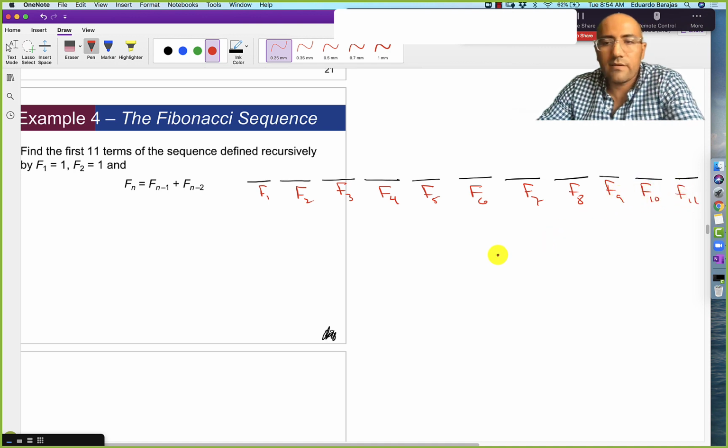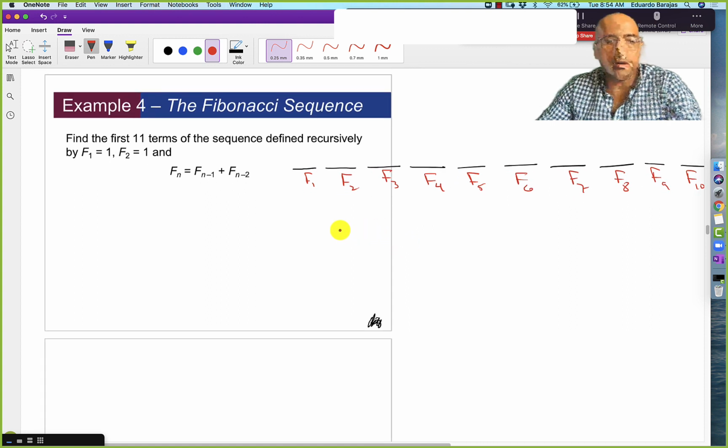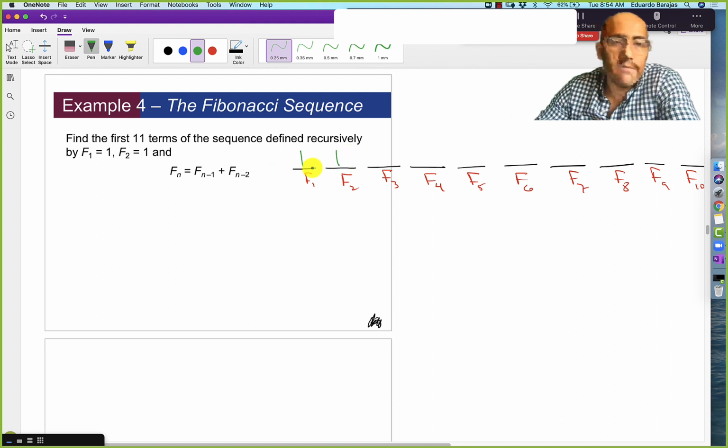I won't go out that far because that's a lot of work. Okay, the first couple are just given, right? That's key to any sequence defined recursively. We got to get the ball rolling because the next one will depend on previous values, so we got to get started.